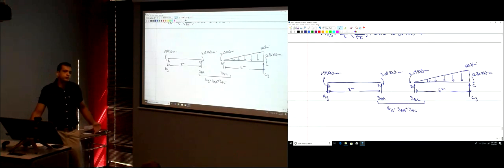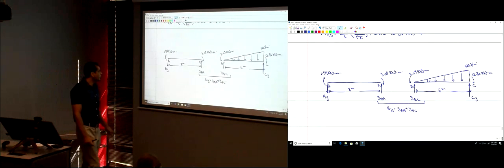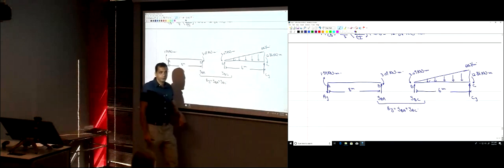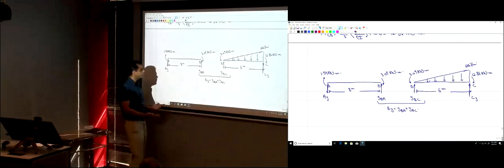So how to find all those forces, AY, YBA, YBC, CY? The equations of equilibrium. Apply the equations of equilibrium.